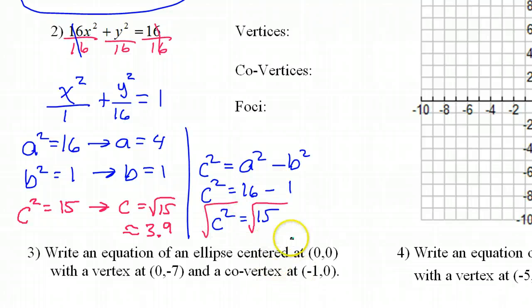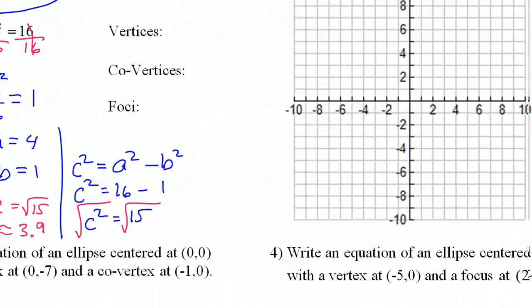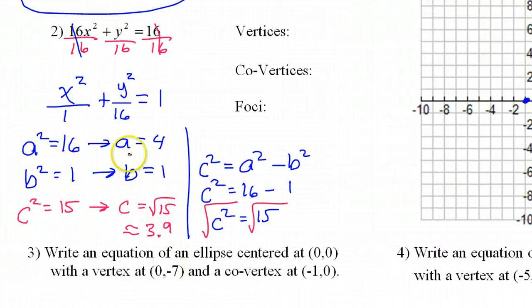So I should be able to do this graph. Now notice that the 1 came from the x values. So that means I will go 1 in the x direction. So here's me going 1 in the x direction. So it's very narrow. Now the 4 came from the 16, which was with the y's.